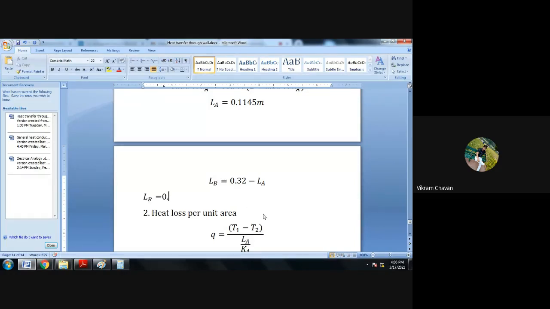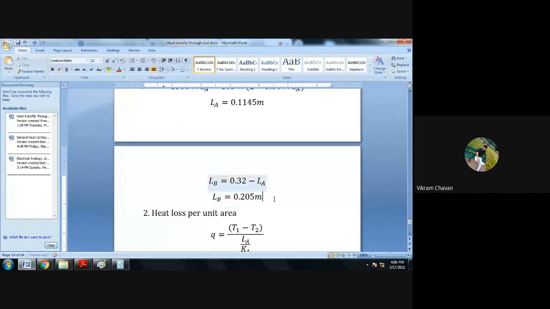It is 0.205, I think so. Whether you are getting the same value? 0.205, and this value is in meter also. If you want to take it in mm, no problem, you can convert this into mm.